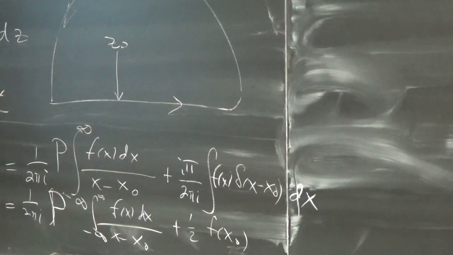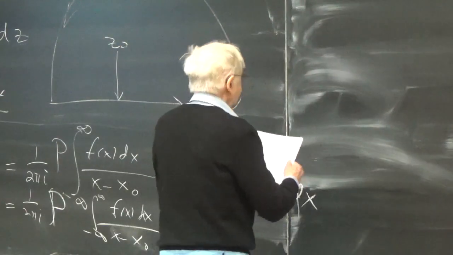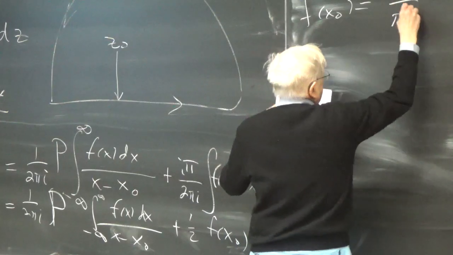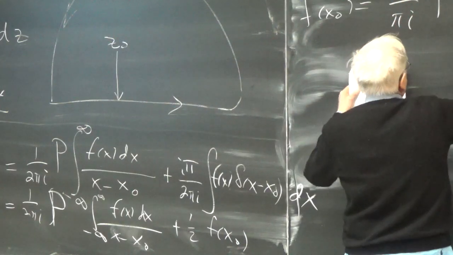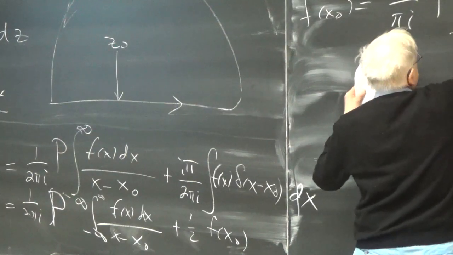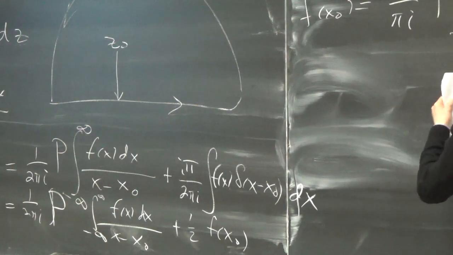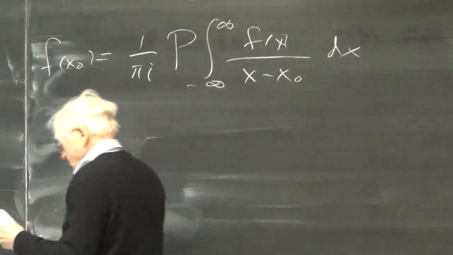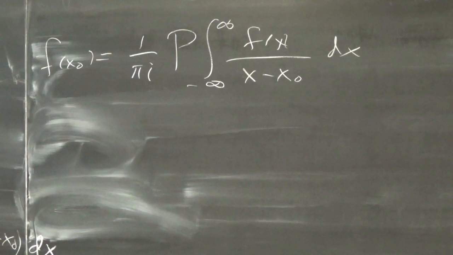And so we have f of x0 there, 1/2 that, and so we subtract half of f of x0 from both sides, and what we finally get is f of x0 is 1 over pi i principal part integral from minus infinity to plus infinity f of x dx over x minus x0. So that's sort of the basic dispersion relation, and then you can do all sorts of things with it.